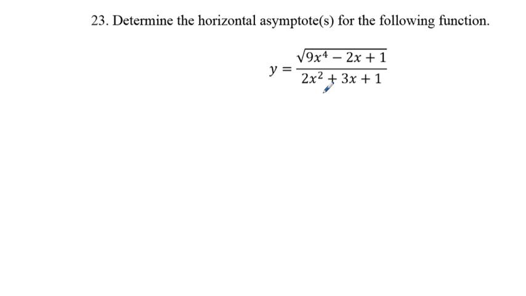23, determine the horizontal asymptotes for the following function. Basically, we're interested in the highest powered terms in the numerator and denominator. In the numerator we have the square root of 9x to the 4th power, and in the denominator we have 2x squared. The square root of 9x to the 4th is 3x squared.